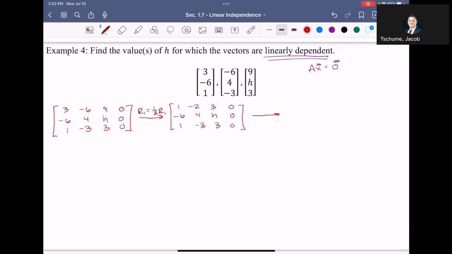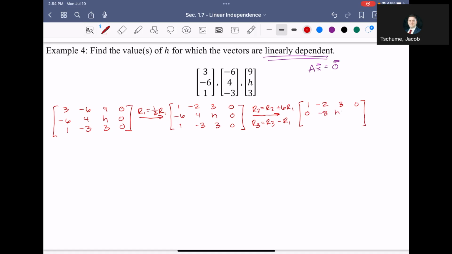Now, if I go to eliminate everything below the first pivot position in the first column, I'm going to take row 2 and add 6 row 1s, and I'm going to take row 3 and subtract row 1. So 1, -2, 3, 0. Row 2 is going to become 0. That is 4 minus 12, which is -8.